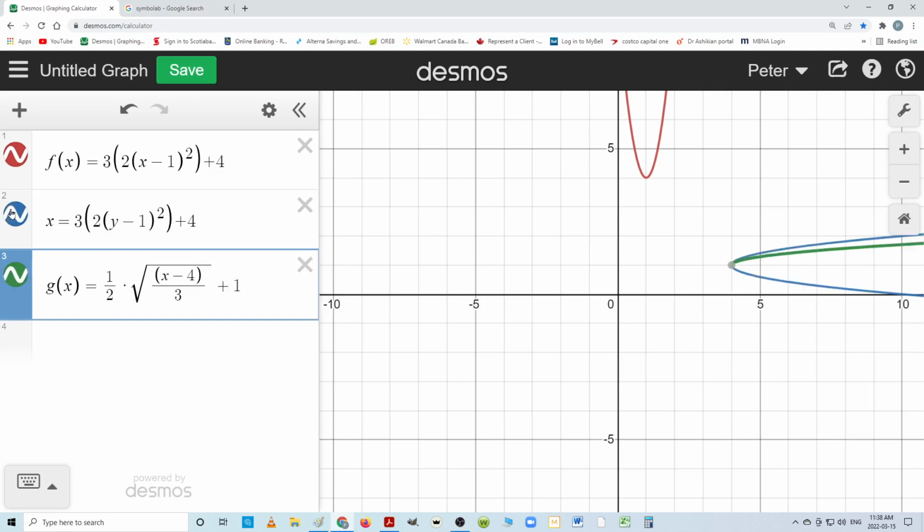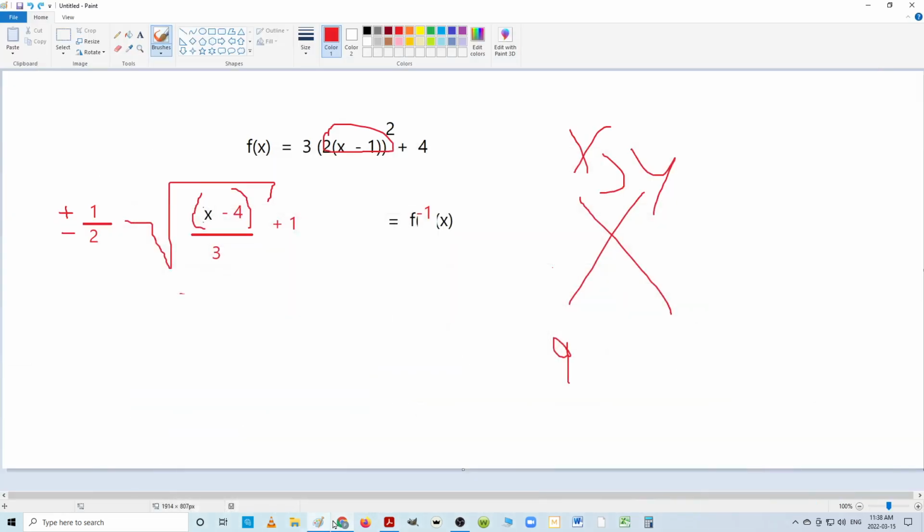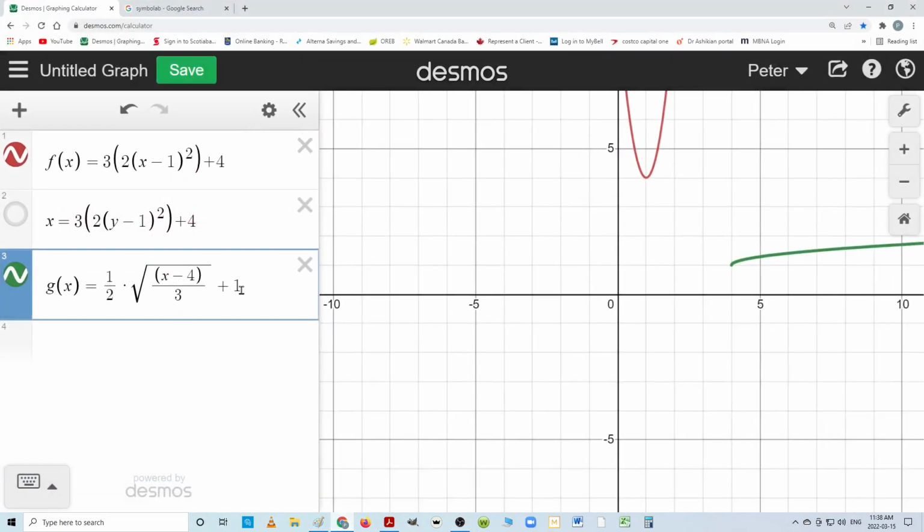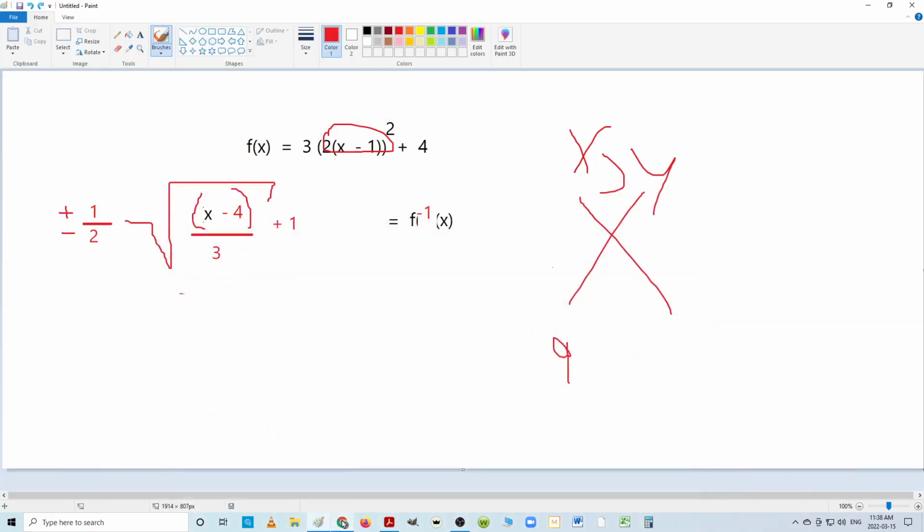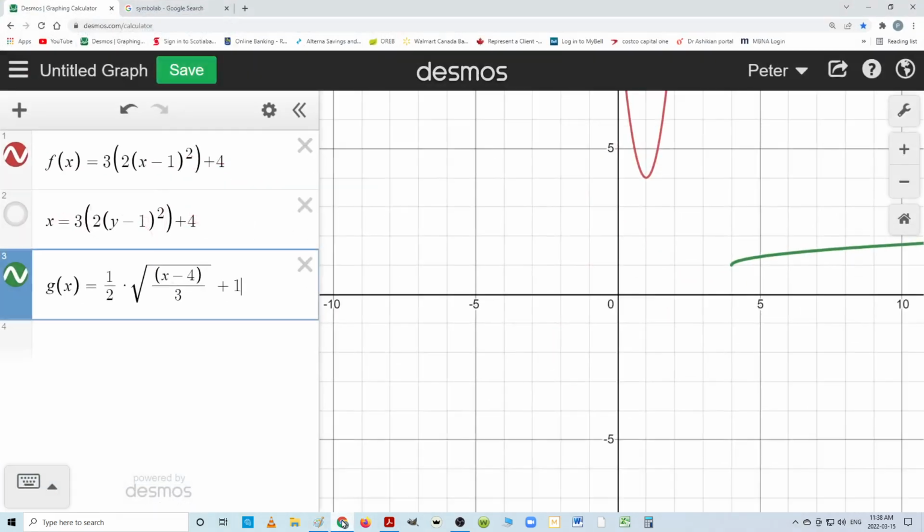Now notice these, oh, I missed something. It's not x minus 4 over 3 square root plus 1, minus 4 divided by 3 square root, the whole thing divided by 2, which is multiplying by half, and then add 1.